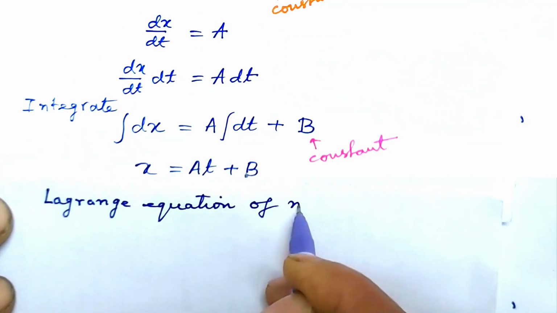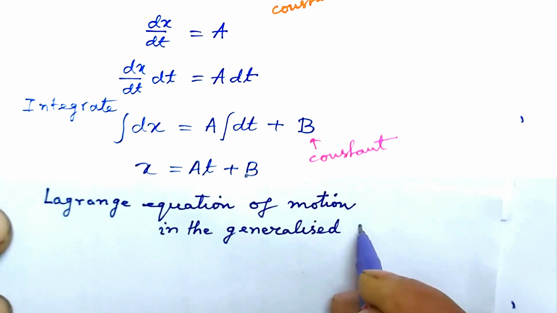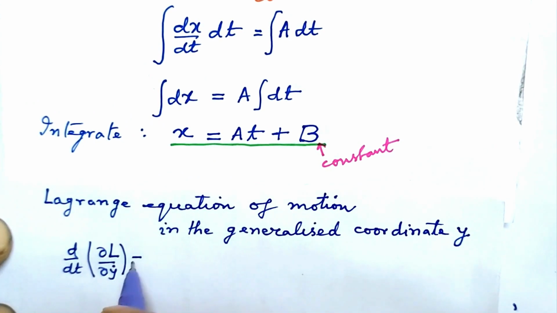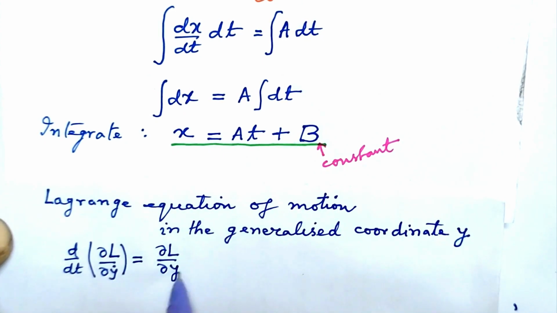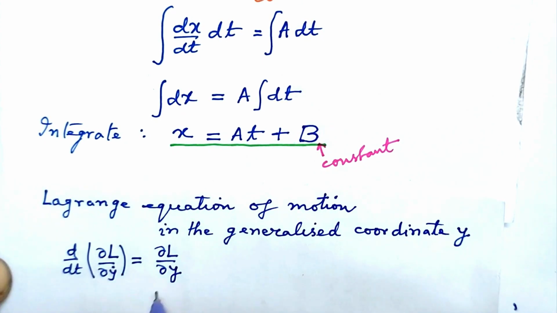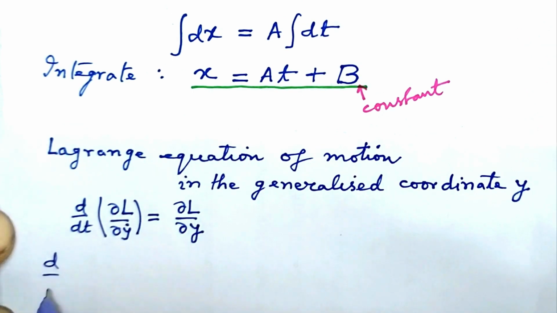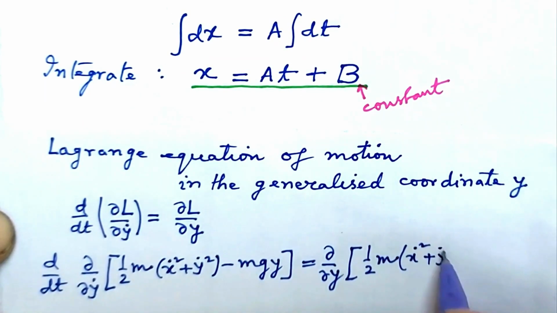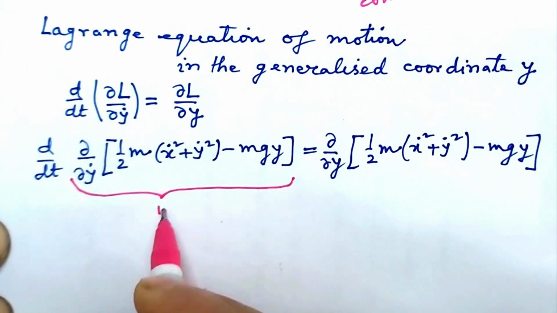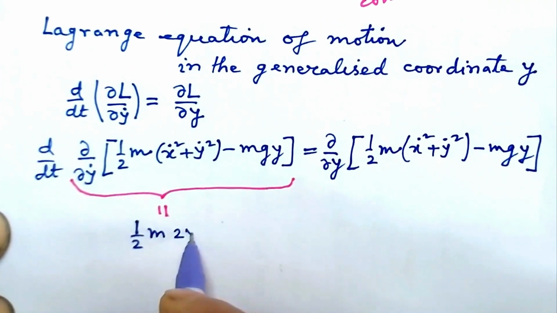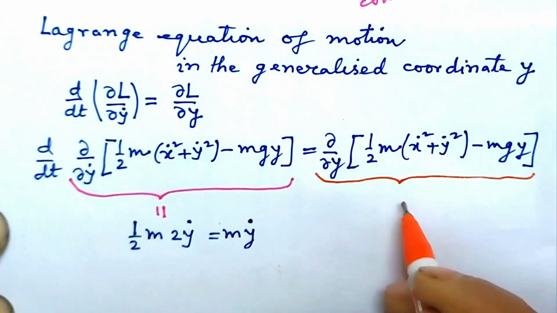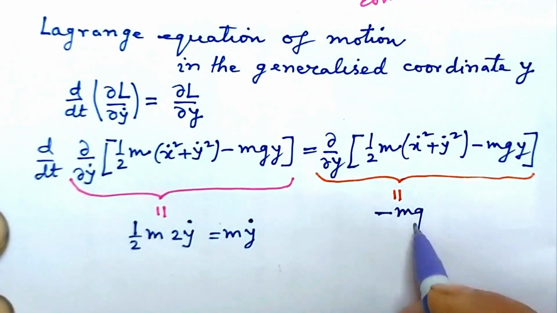Lagrangian equation of motion in the generalized coordinate y is d/dt of del L/del y dot equal to del L/del y. Plug in the expression of L to have, now focus on this part involving del/del y dot that yields m y dot, and the right hand side is minus mg.